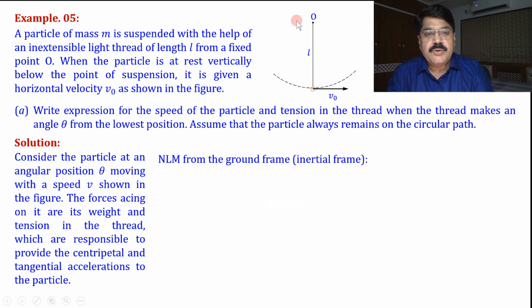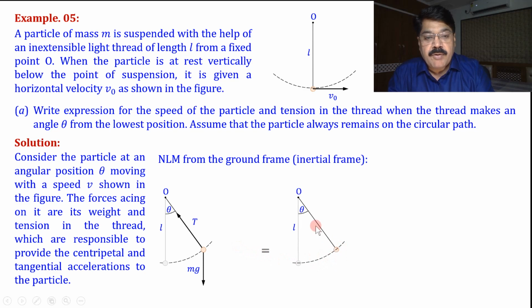So we assume the ball to be at some angular position theta and show all the forces. So here is the initial position and we are assuming the ball here. Forces acting are mg downward and tension T. These are two forces, and we show the kinetic diagram. In the kinetic diagram, we show m a_n in this direction and m a_tau. Why am I showing m a_tau in this direction?